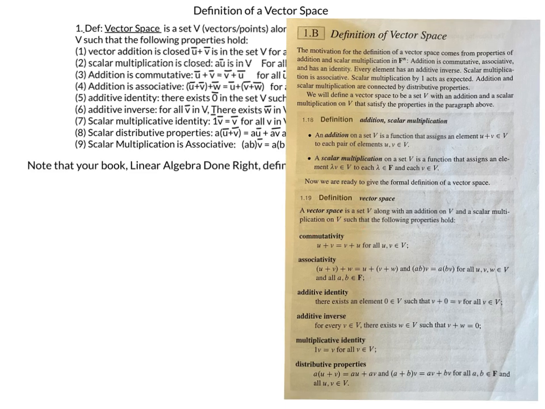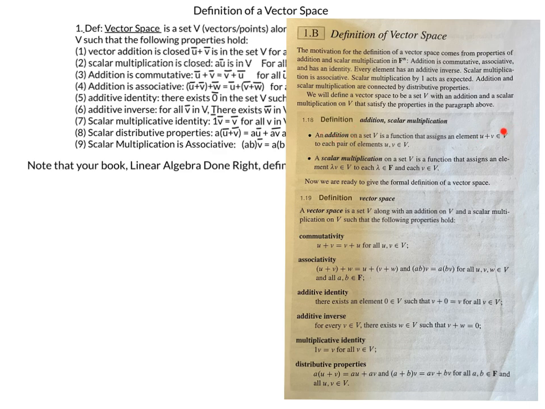commutativity of the addition, associativity, going through down to distributive properties, but it doesn't talk about closure, which is the first two properties I talk about. That's because closure is already inherently assumed, because when Sheldon Axler was defining addition on a set, that's the function that assigns an element u plus v in V. So closure is sort of defined as the valid way of doing addition.